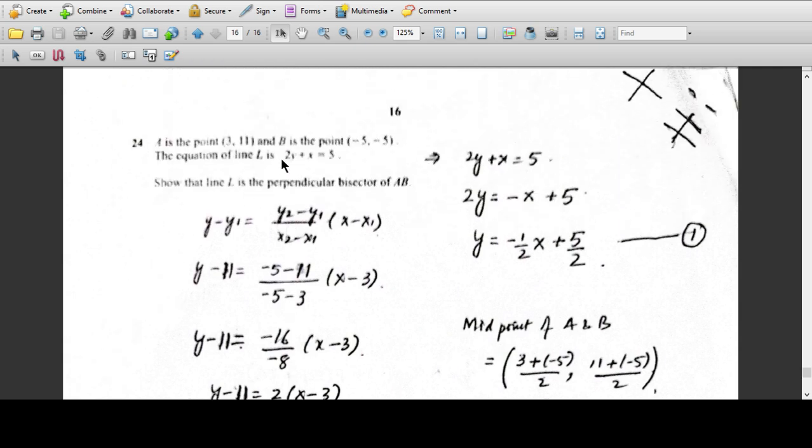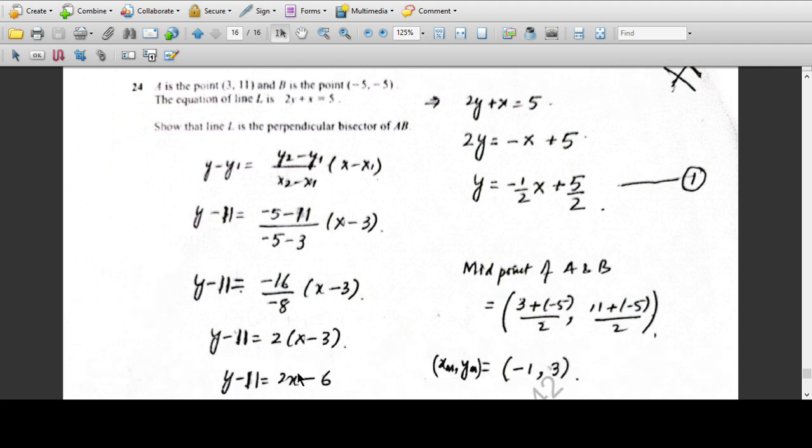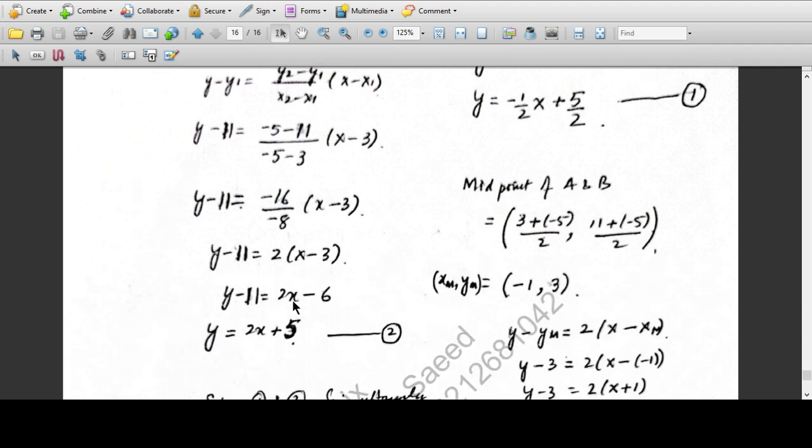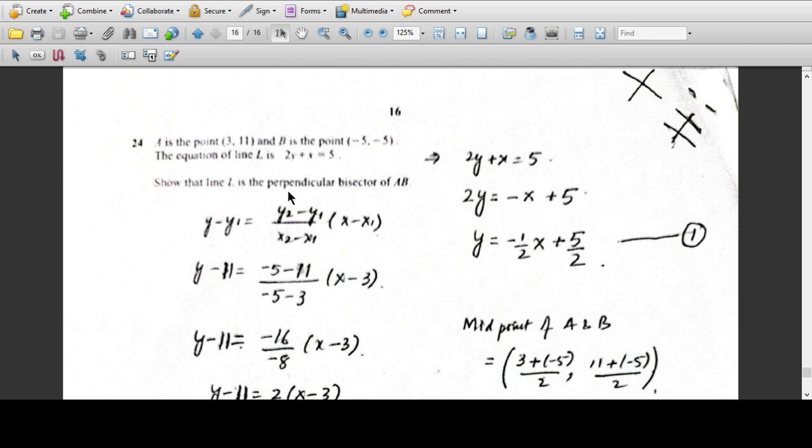This is the equation of line AB. And line L, 2y plus x, written in y is equal to mx plus c form is this one. We can see that the multiplication of these two slopes is -1. So these two lines are perpendicular to each other, and we have to show that this line is the bisector of this line.